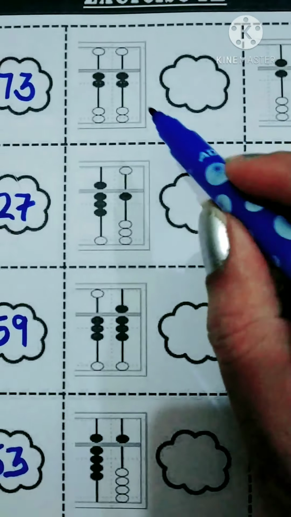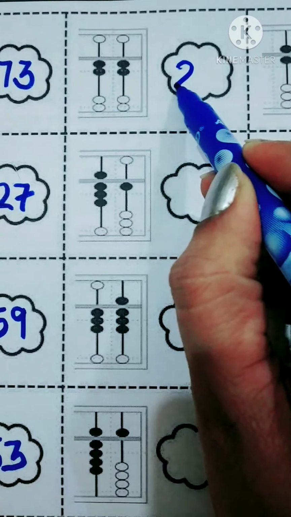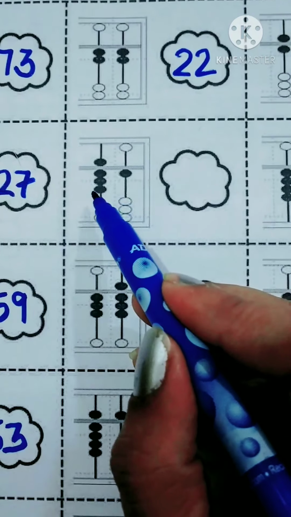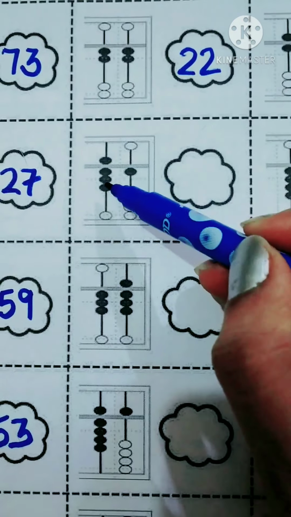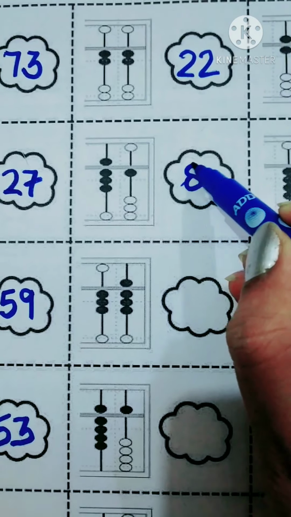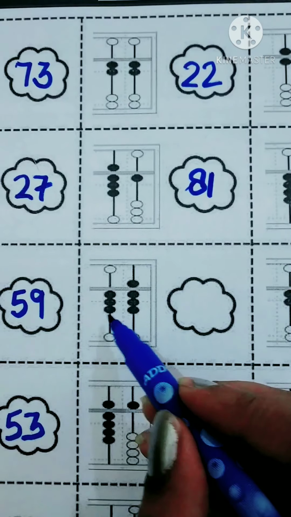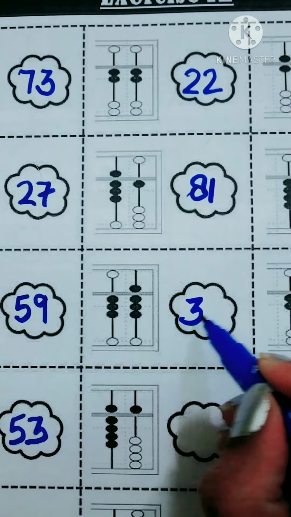Now the next, 22. 50 and 30 on the lower, 80 and 1. 38.